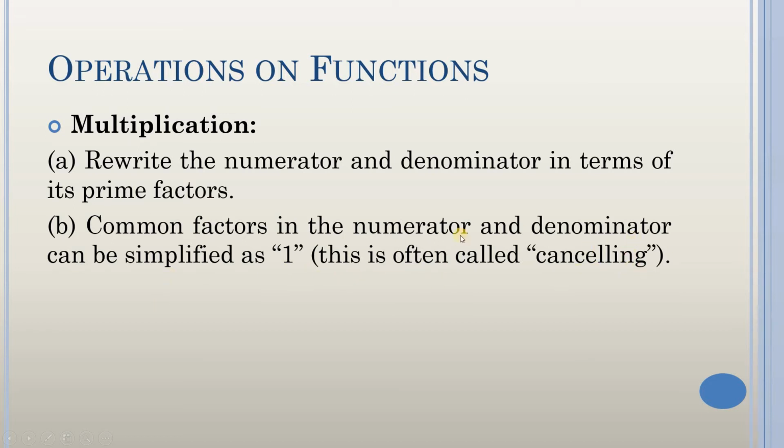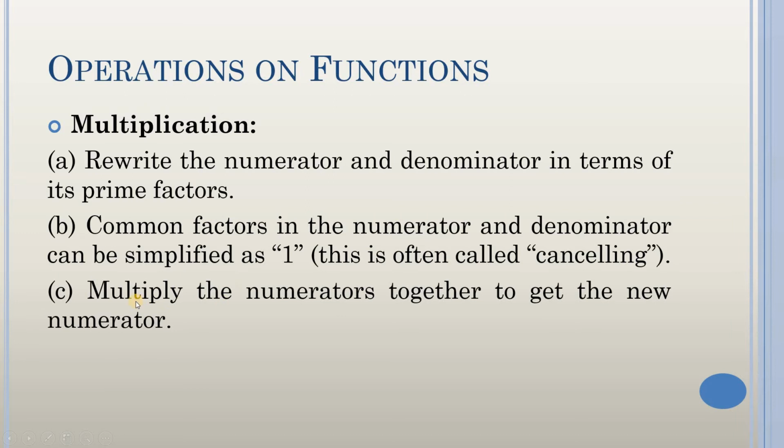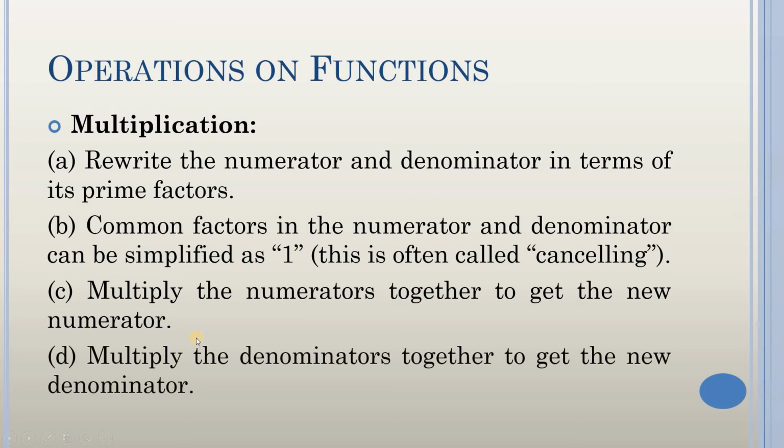This is referring to cancellation. Letter C, multiply the numerators together to get the new numerator. Next, for letter D, multiply the denominators together to get the new denominator.